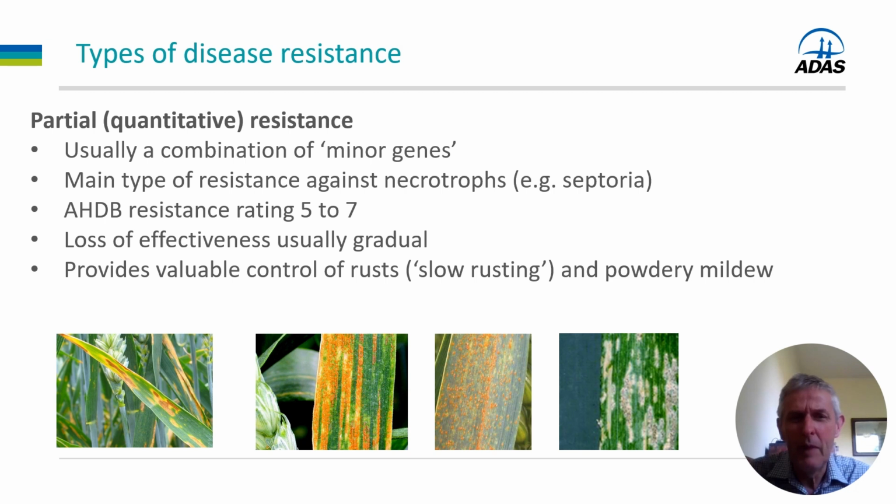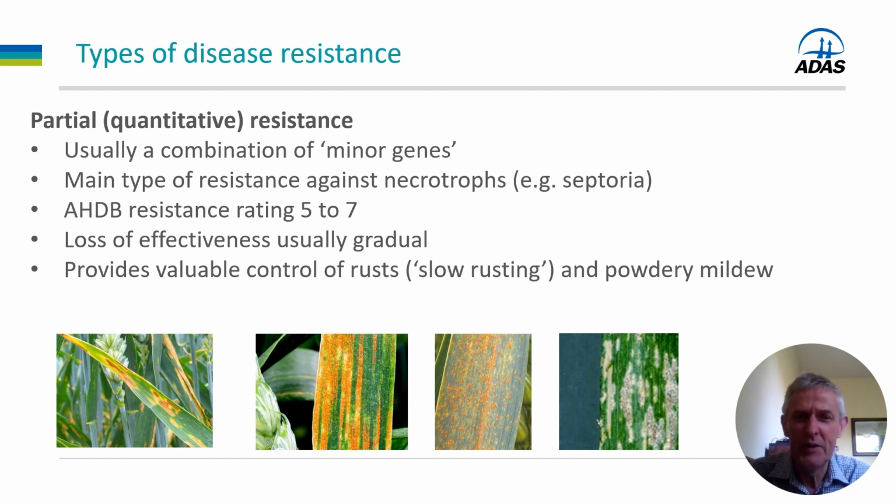And this is the main type of resistance against the necrotrophs, in particular against Septoria tritici in wheat. It usually results in AHDB resistance ratings around 5 to 7. And the key thing about this type of resistance is that it's actually quite difficult for pathogens to overcome it.